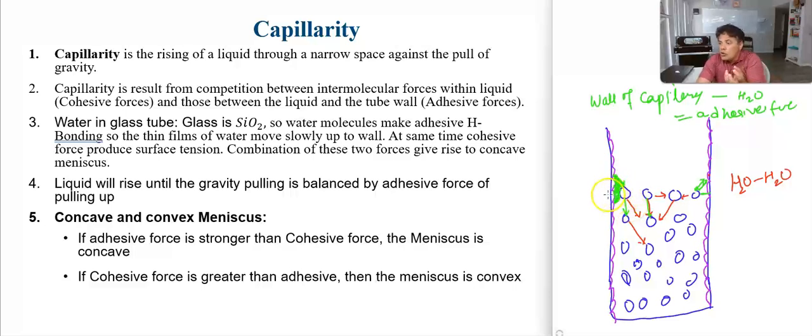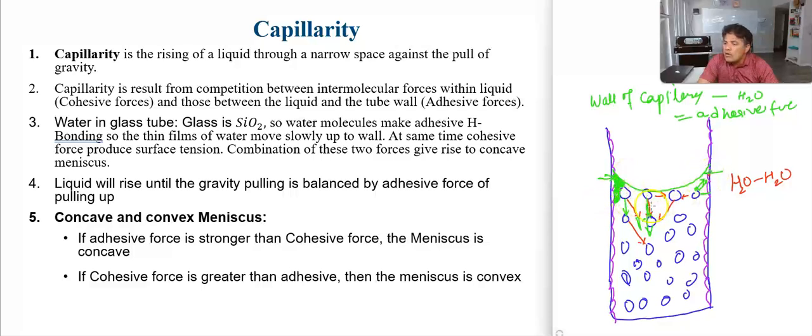So whatever molecules are attracted by the wall will be attached with the wall, and the other molecules will go down. So there will be a little bit of rise of the meniscus. So that's why if you see the water in your laboratory, in the capillary, this kind of meniscus forms. So at the corner you have the adhesive force more than the cohesive force.